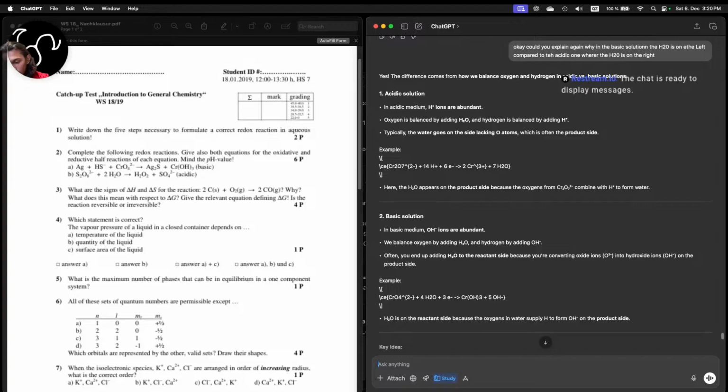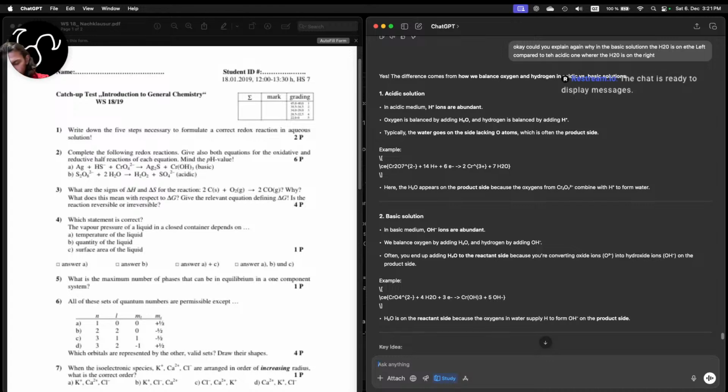Now, if you're balancing the Ag plus. Ag2, that means 2Ag plus HS minus plus H2O plus OH minus. No, that's going to be like 3.